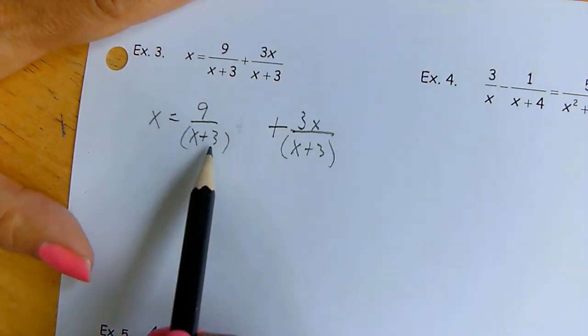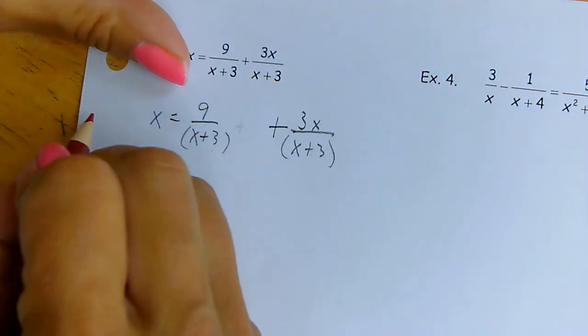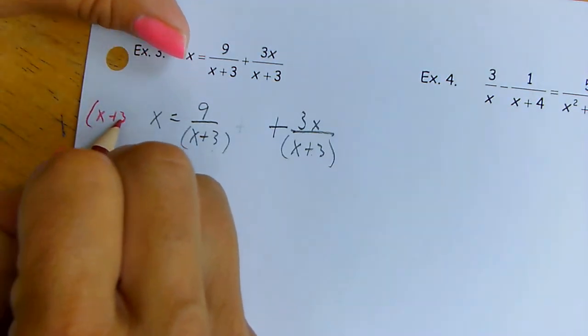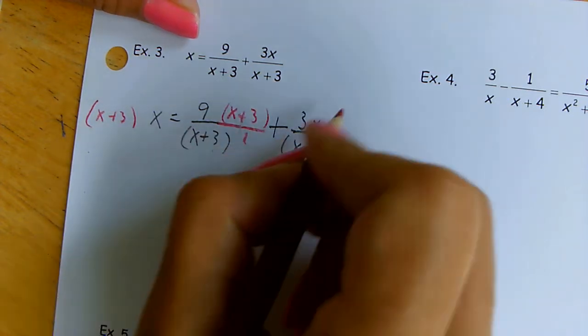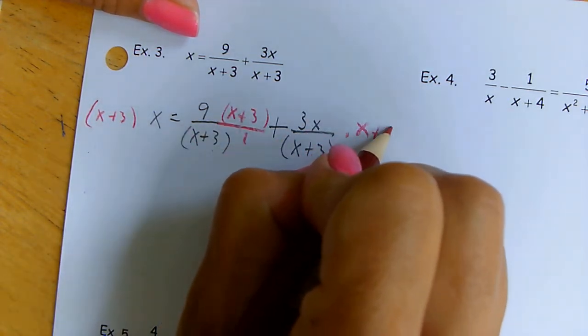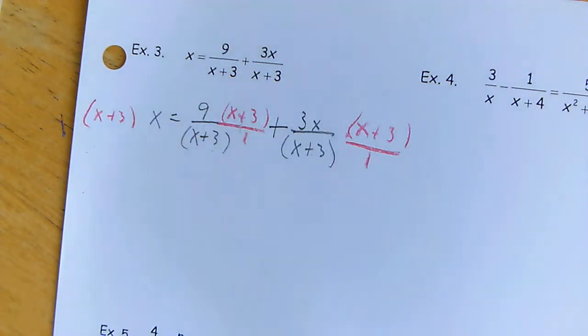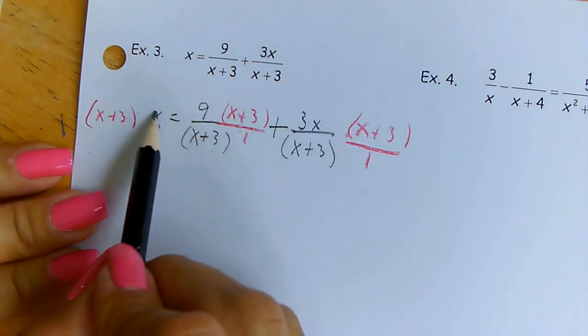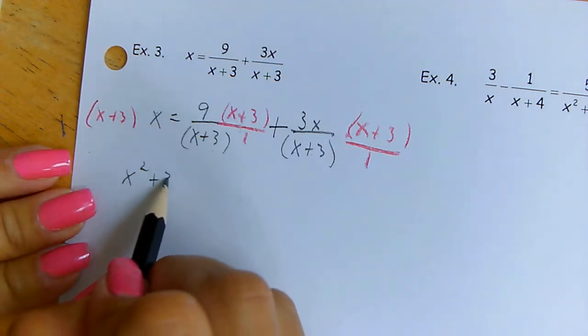Example 3, my only denominator is x plus 3, so I'm going to multiply everything by x plus 3. Here I'm going to have x squared plus 3x.